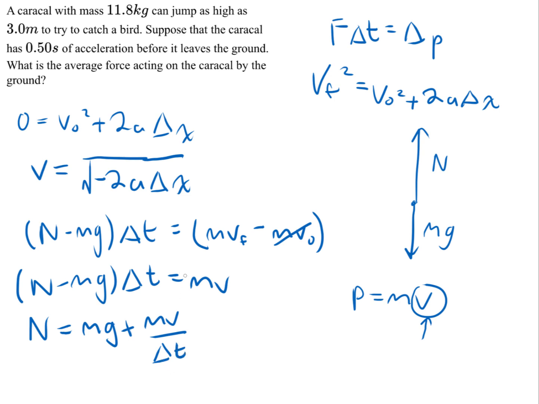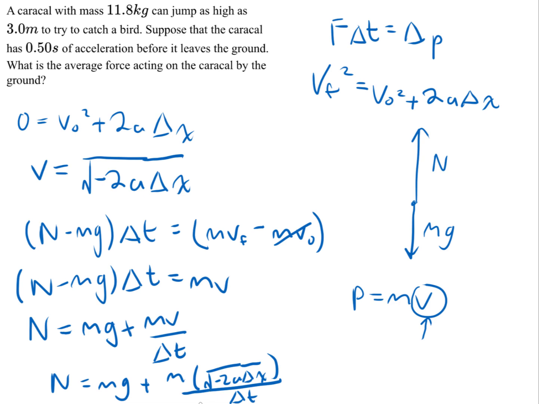And then we can simply substitute our equation for velocity into there. So the normal force is equal to the force of gravity plus the mass times the velocity at that instant, just the square root of minus 2a times the displacement, and we're going to divide that by the time interval.